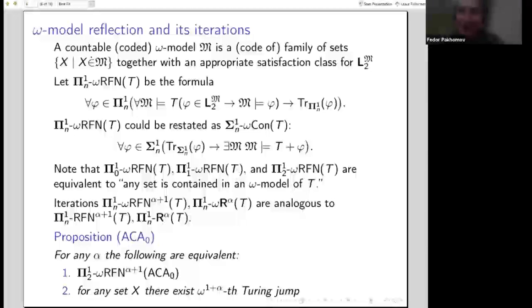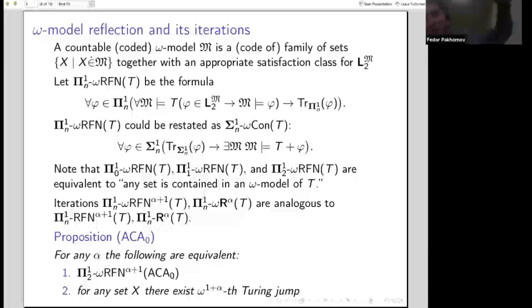Then in the next level, we say this one-time iterated Π12 omega model reflection of AC naught states that every set is contained in a countably coded omega model of AC naught, but it's more or less the same thing as saying that for every set there exists its omega Turing jump, because the omega Turing jump is more or less the same as the smallest omega model of AC naught over a given set.